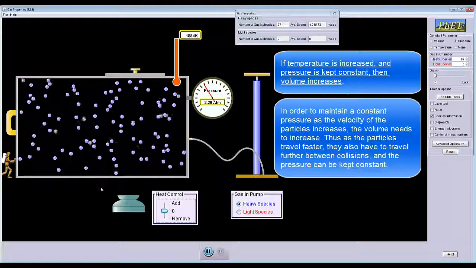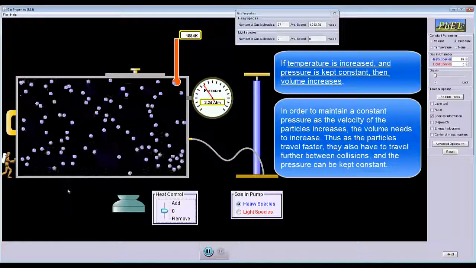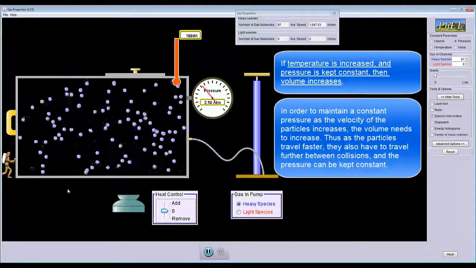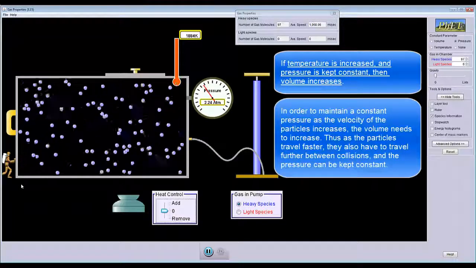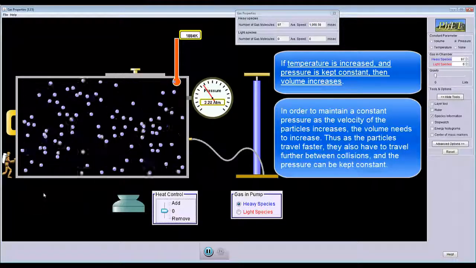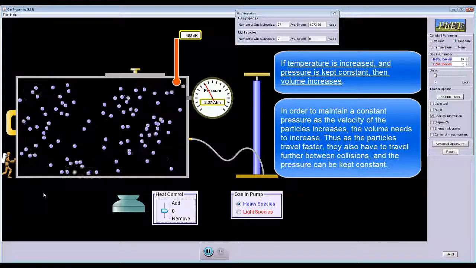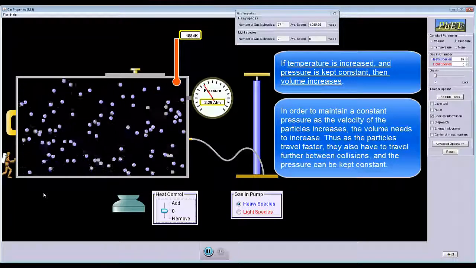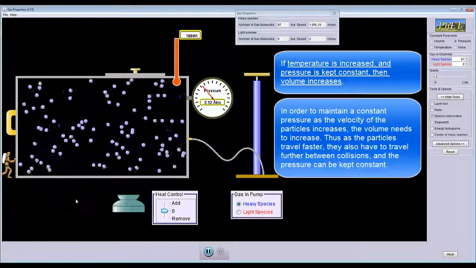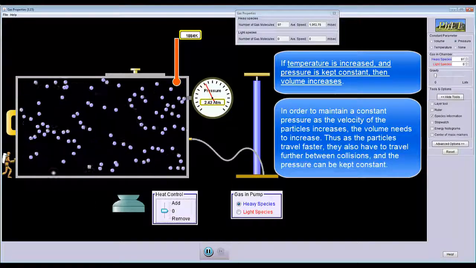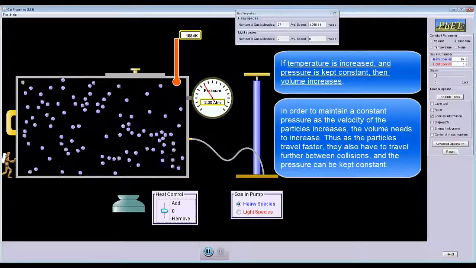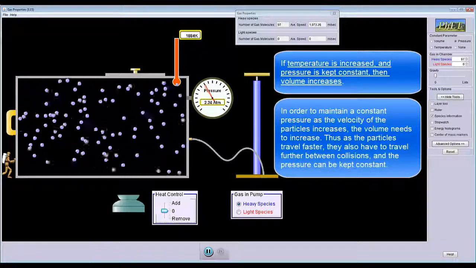And this is something that we're going to look at in detail in the higher level topic, because this is really the key to getting a gas to do work, to converting heat to work, which is the key to the steam engine and to any system that we use to produce energy using heat.